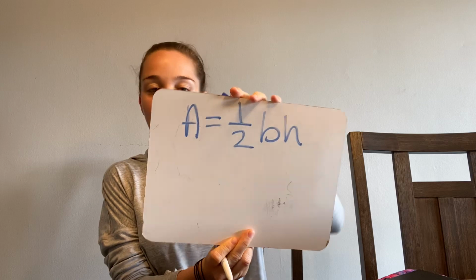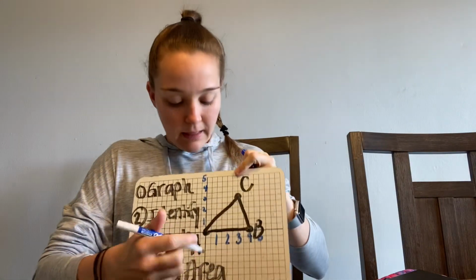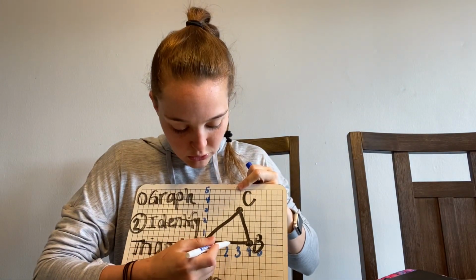We know that to find the area, we need the formula, area equals 1/2 base times height. Our base is 1, 2, 3, 4 units long.